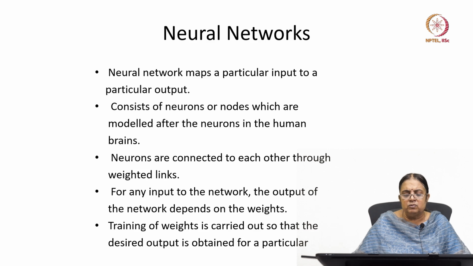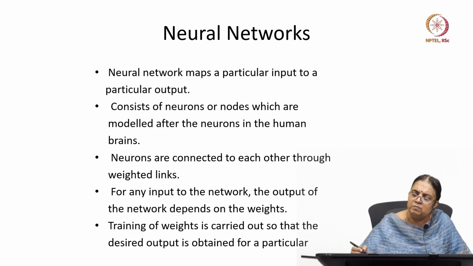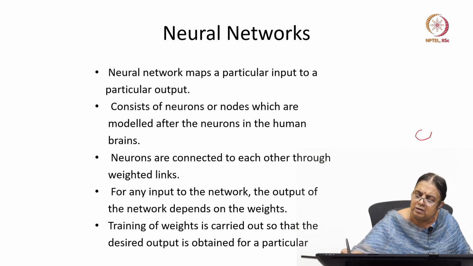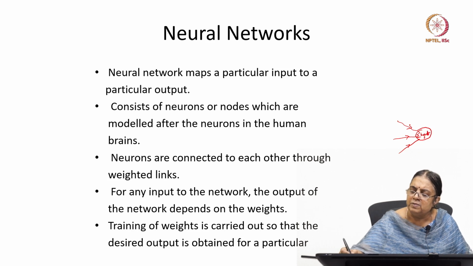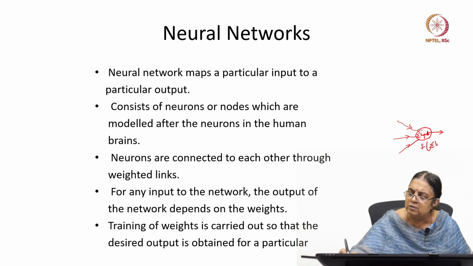The input to a node depends on the aggregate of all the inputs. If we have one node like this, and these are all the inputs coming to this node, then the aggregation of these inputs, the sigma of the input, will come to this node, and then you take the output from this node, which is a function of this sigma input.